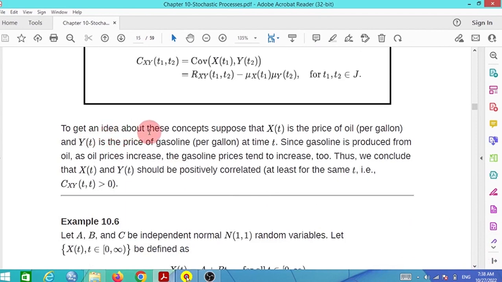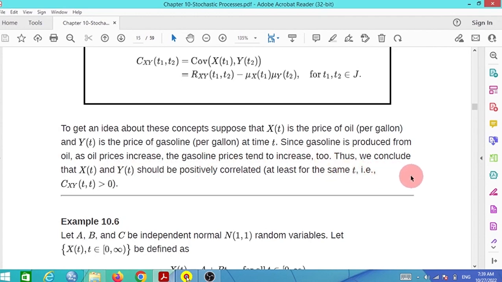To get an idea about this concept, suppose xt is the price of oil per gallon and yt is the price of gasoline per gallon at time t. Since gasoline is produced from oil, as oil price increases, the gasoline price tends to increase too.